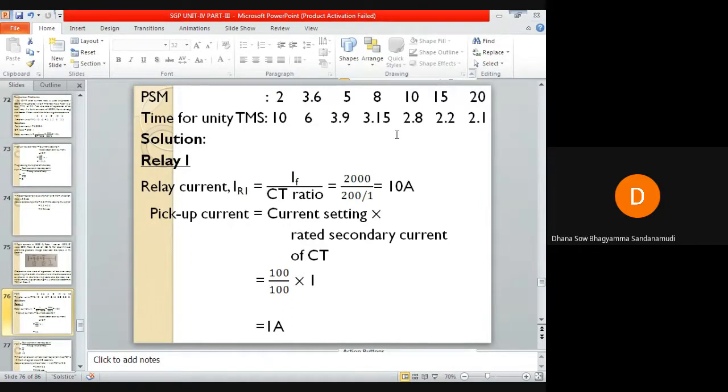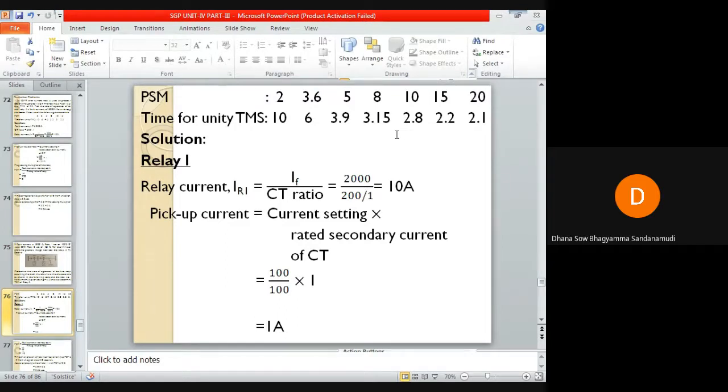In this problem we have two relays, relay 1 R1 and relay 2 R2. Now let us consider relay 1 and determine the relay current IR1. IR1 is the fault current divided by the CT ratio.